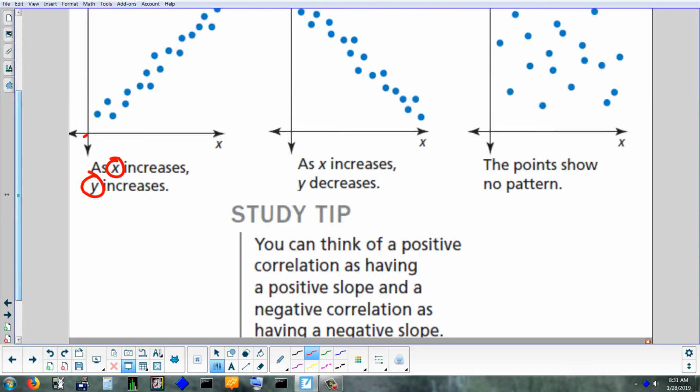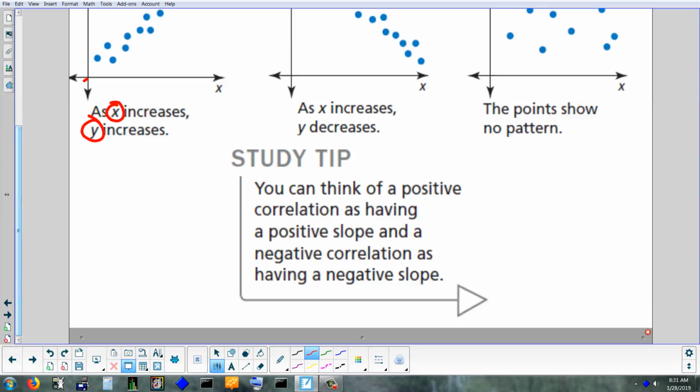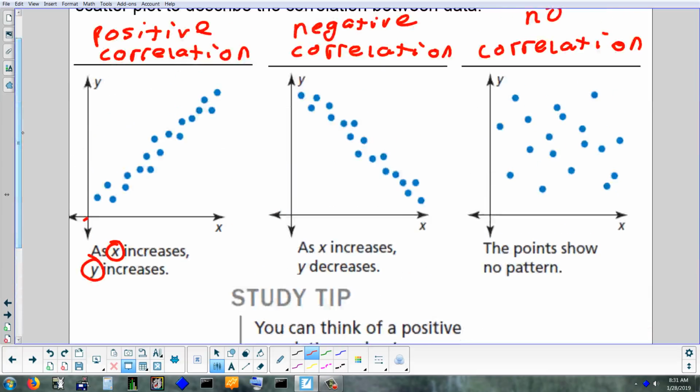You can think of correlations like if you put a line in there, positive correlation has a positive slope, a negative correlation, negative slope. Now, when I drew this line, did I do any math to do that? No, I just took a guess at what I thought it would be. And I could find the slope of that line.